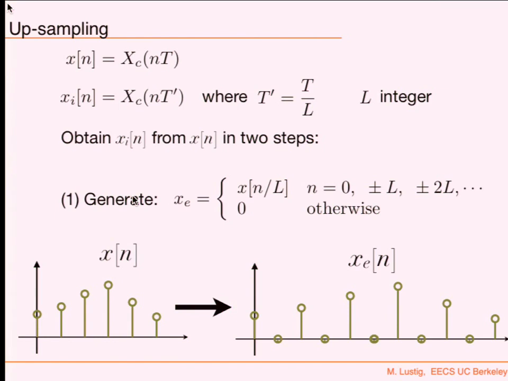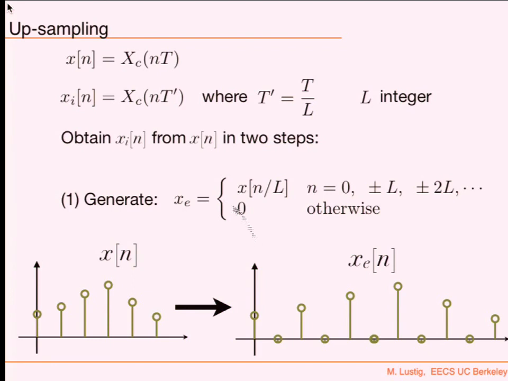What x sub e means is that we place zeros in between our samples, creating a discretely impulsive signal. This is an example for L equal 2. If we wanted L equal 3, we would put 2 zeros. L equal 4, we would put 3 zeros.